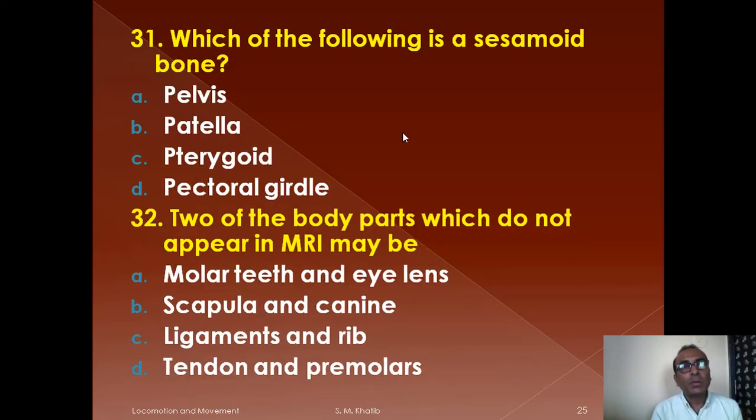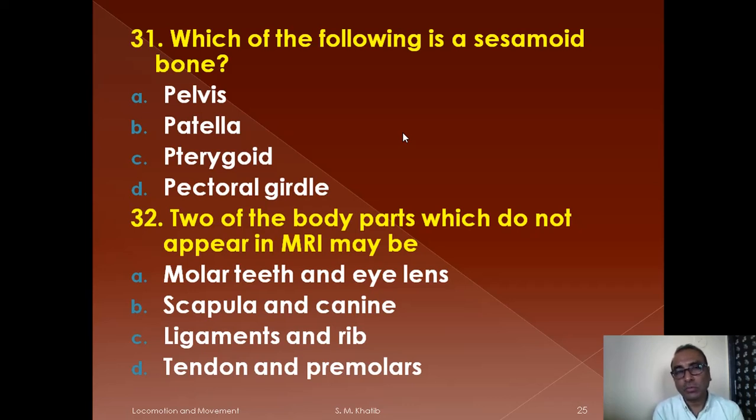Question number 31. Which of the following is a sesamoid bone? Remember, a sesamoid bone is the bone which is modified from the tendon or fibrous connective tissue. Okay, so we know that in the knee joint, there is a cup-like or disc-like small bone called patella.